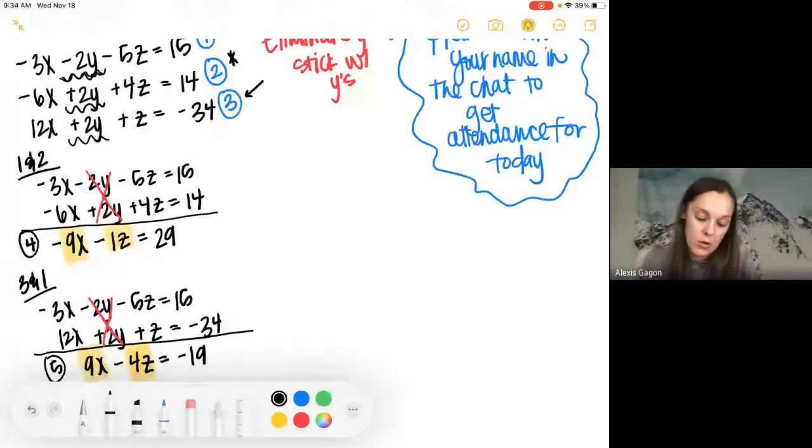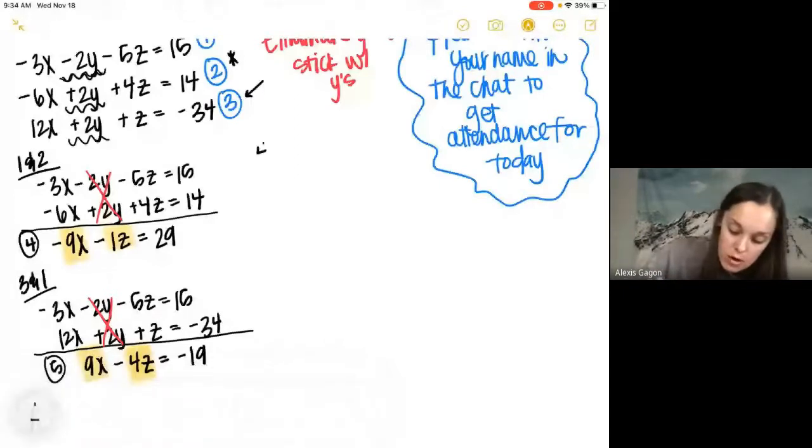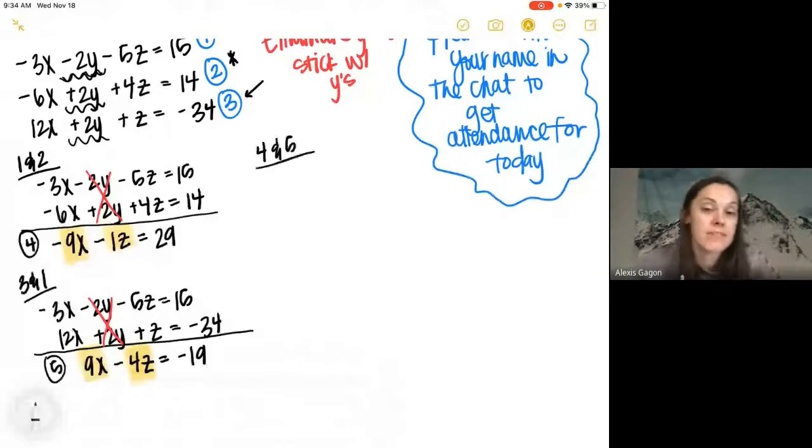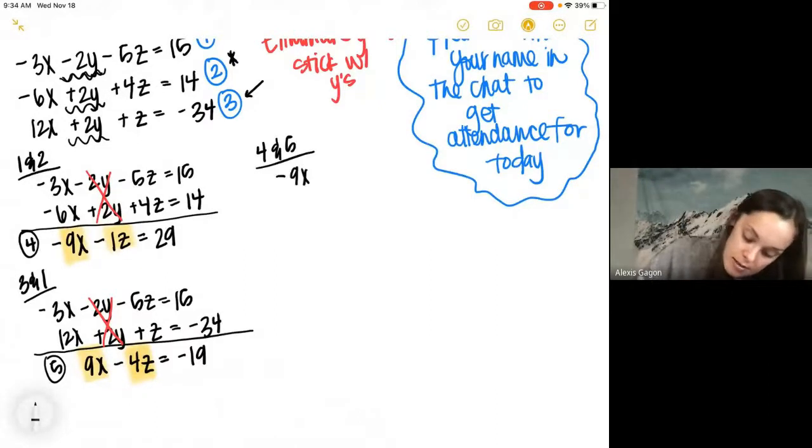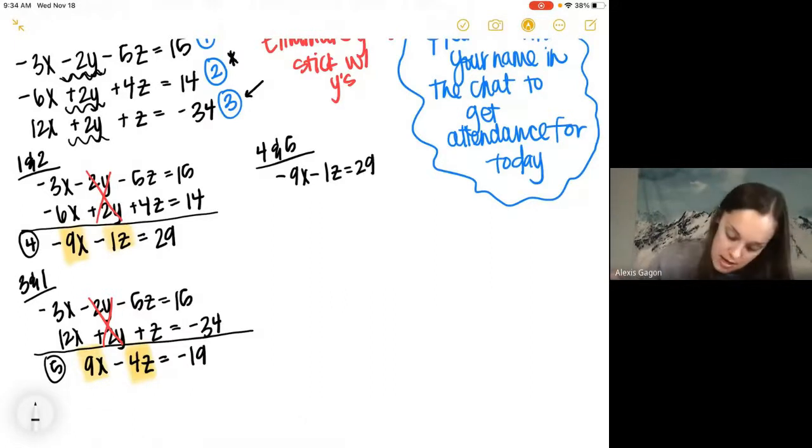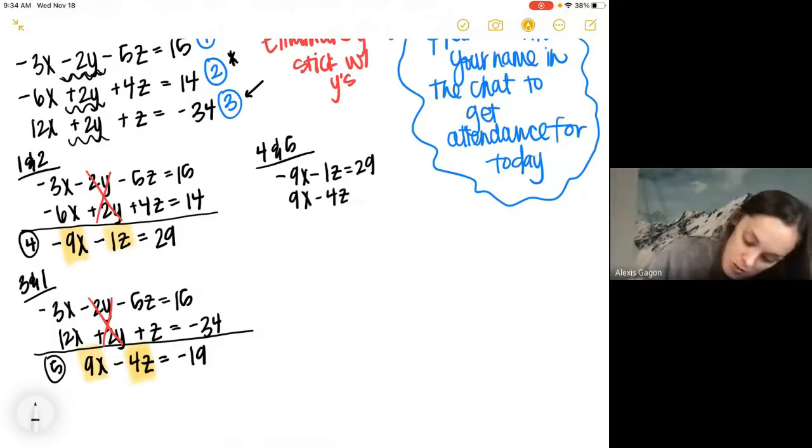Okay, once we're here, this is where we're just going to put equations 4 and 5 together. So we have negative 9x minus 1z equals 29. And we have 9x minus 4z equals negative 19.